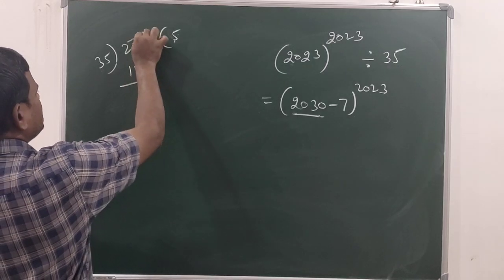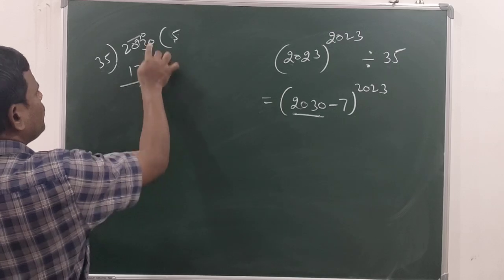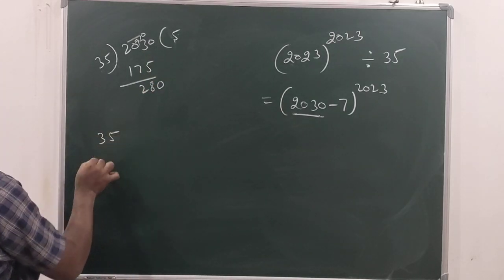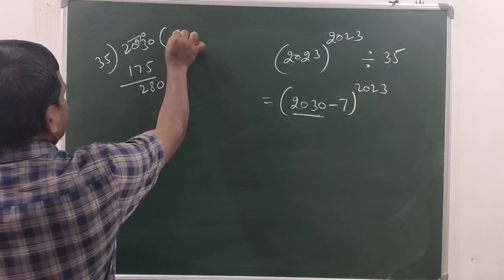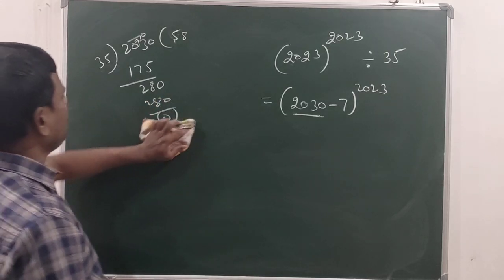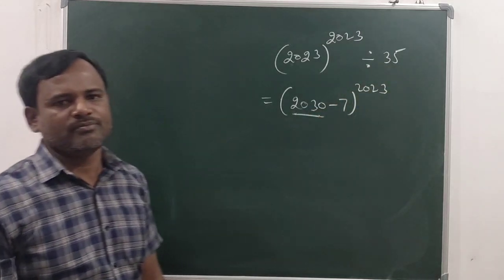Take the difference of this: 13, 8, 9; 9 minus 7 is 2, 0. So 35 eights are 280. You got the remainder 0. Hence this 2030 is a multiple of 35.